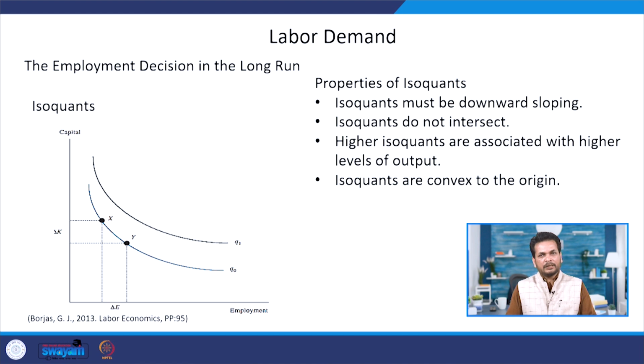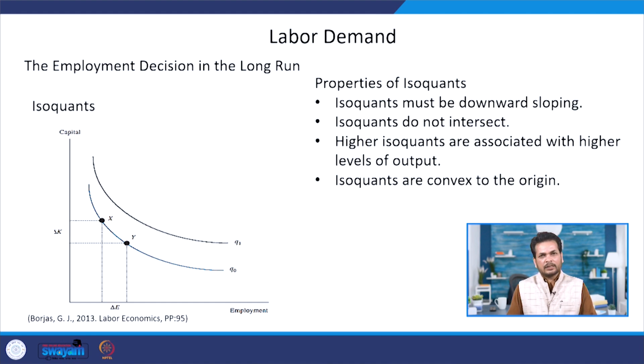If you look at the properties of these isoquants, they are quite similar to the properties of indifference curves. The isoquants must be downward sloping because of diminishing returns. They should not intersect with each other.